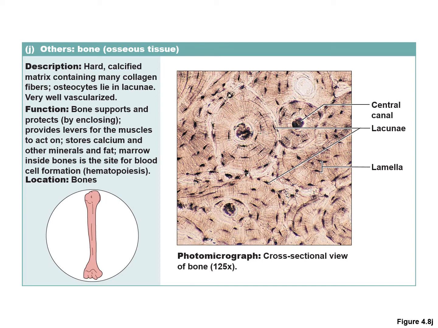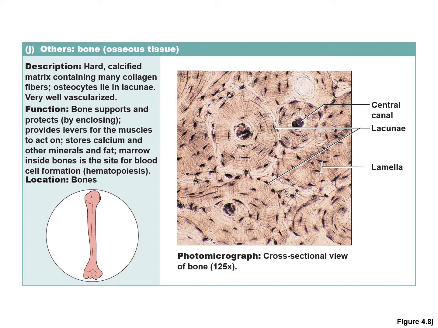Bone is very vascularized. I forgot to tell you that cartilage is an avascular tissue. That's why it's actually harder for cartilage to heal compared with bone. And your bones provide support, protection, levers for muscles to act on.